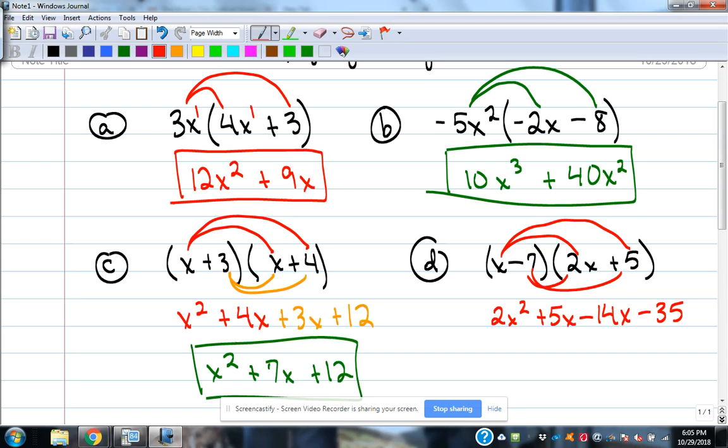Good job. Combining like terms. 5x and the 14x. So 5x minus 14x would be. Good job. And there is the finished product. Those two polynomials.